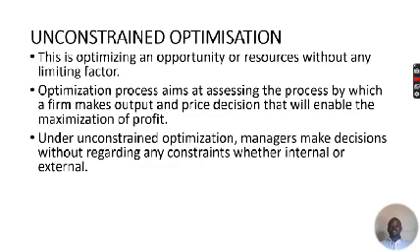When we talk about internal constraints, we are talking about those impeding factors inside an organization that can make you fail to achieve your objectives. And when we talk about external constraints, we are talking about those impeding factors outside that will make you not achieve them.